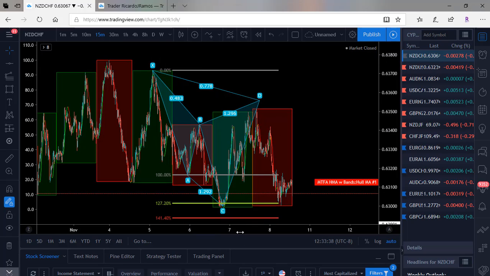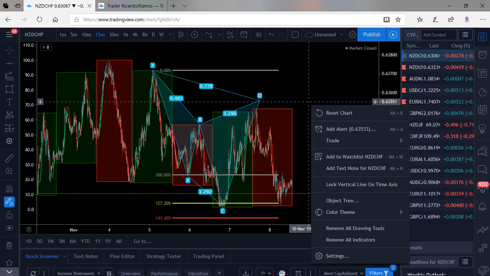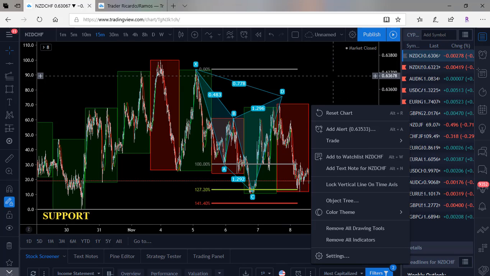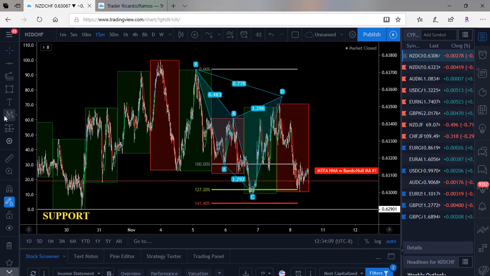The C to D move was actually a very clean entry, due to the fact that there was very minimal drawdown. And the other reason why I like to trade the incomplete Cypher pattern is due to that risk reward. It's usually between 6 to 1 and 7 to 1, and I will show you how I calculate that.